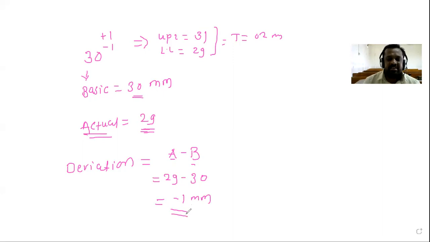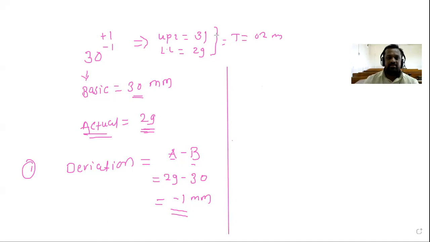How to show that minus 1 deviation in graphical representation? Okay, I will take another example also, so that we will understand first.